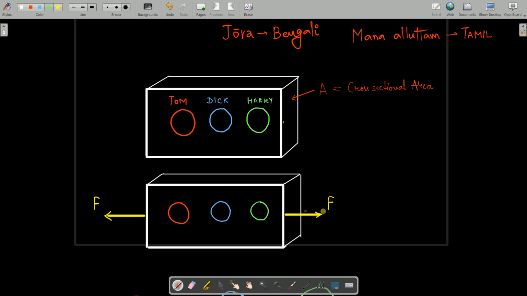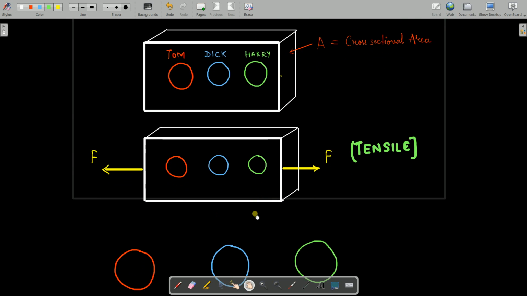Two forces are acting in opposite directions, and these forces are tensile in nature. Now, we will see the effect of these forces on three different molecules.